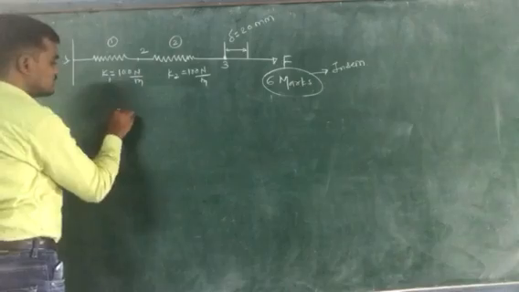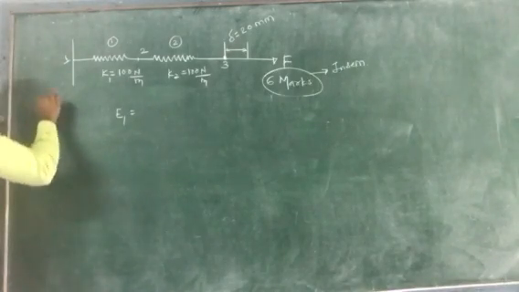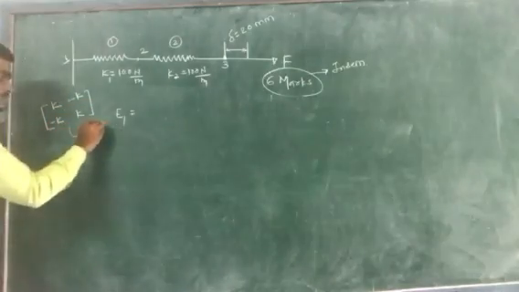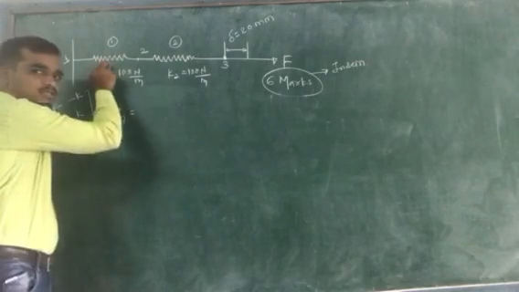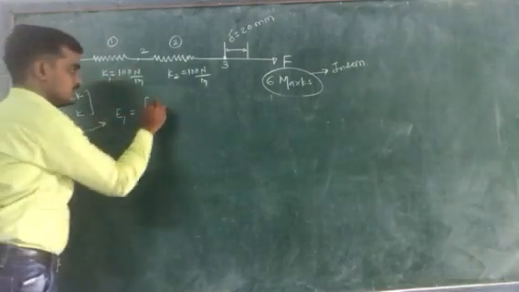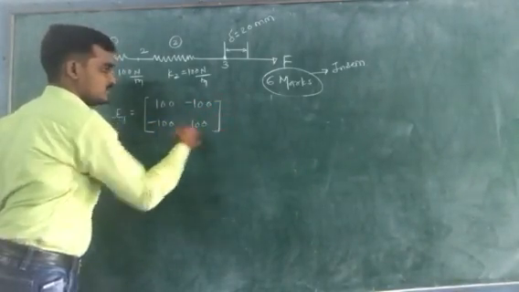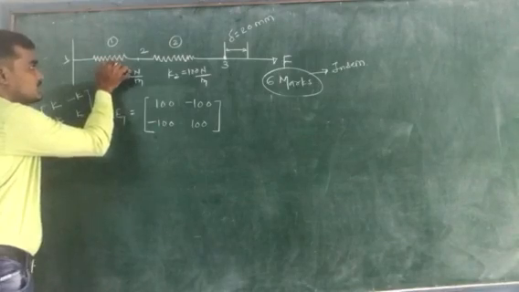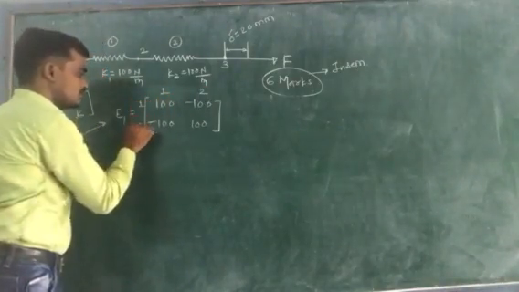As we know, the basic formula for the elemental stiffness matrix of the spring element is K, minus K, minus K, K. Using this formula for the first element, where K is 100 Newton per meter, it becomes 100, minus 100, minus 100, 100. This matrix lies between node 1 and node 2, so its position will be 1, 2, 1.